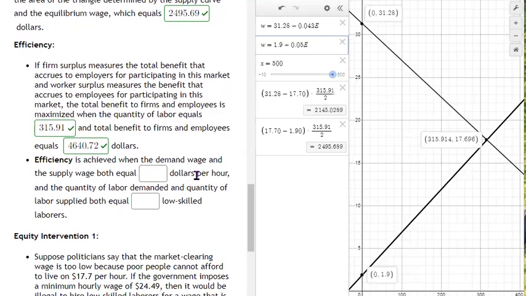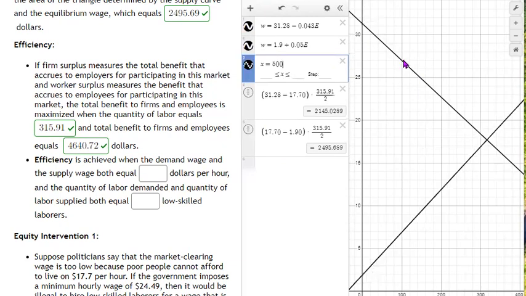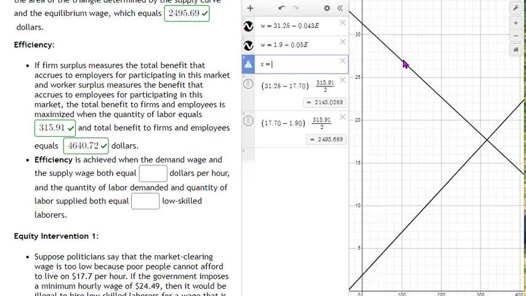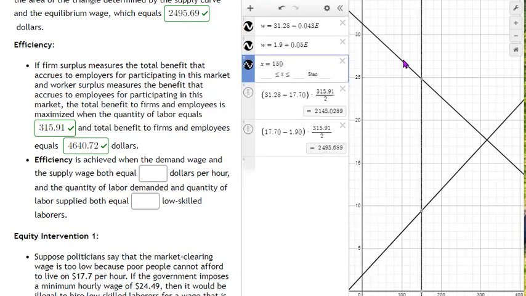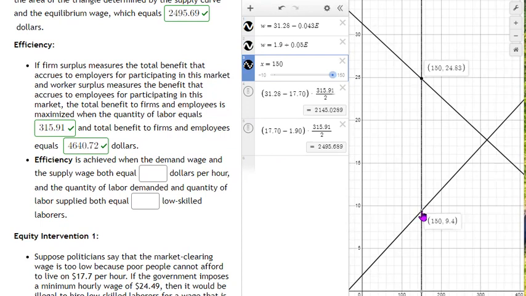Now, efficiency is achieved when the demand wage and the supply wage both equal what? Well, when there's 150 employees, the wage on the demand curve and the wage on the supply curve don't equal each other, right? If employment is only 150, firms are willing to pay that 150th employee $24.83.